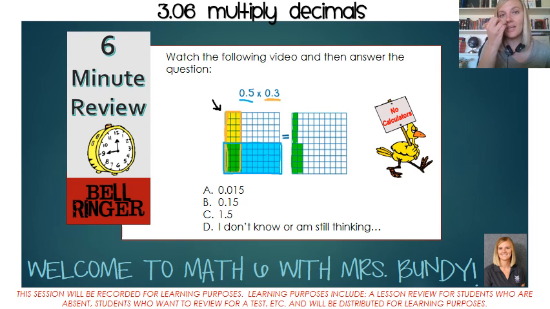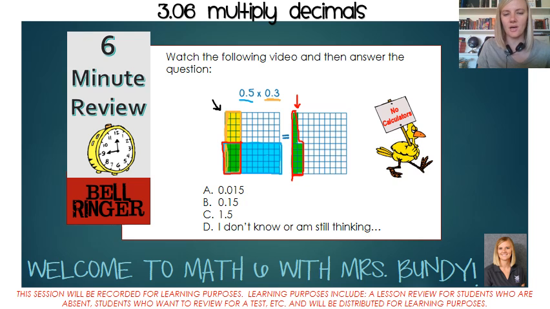Now, when you are multiplying decimals, you take the area where they overlap. This green section is where they overlap, and that is your answer. We have 1 full row of green and 1 half row of green.